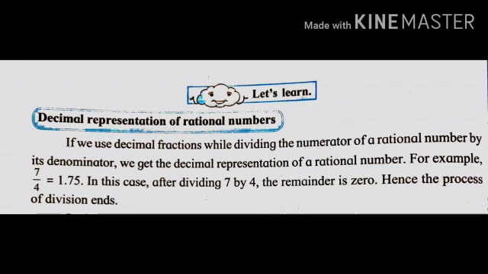Here the numerator 7 is divided by the denominator 4 and the number obtained after division is 1.75, which is the decimal representation of the rational number 7 upon 4.